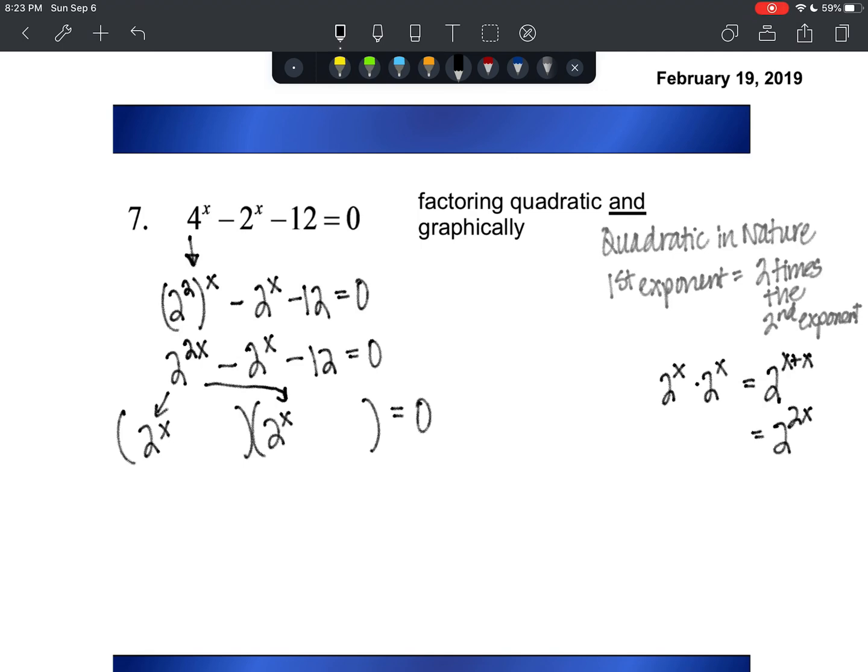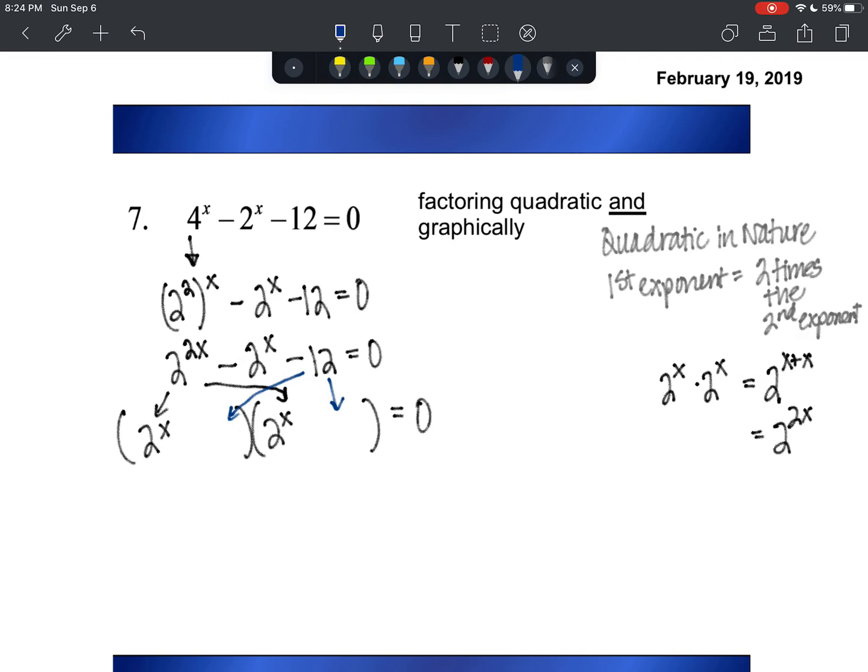How do we get back to negative 12? Well, we've got 6 and 2, and we've got 4 and 3. That's going to work. So this is how it works. So let me show you.